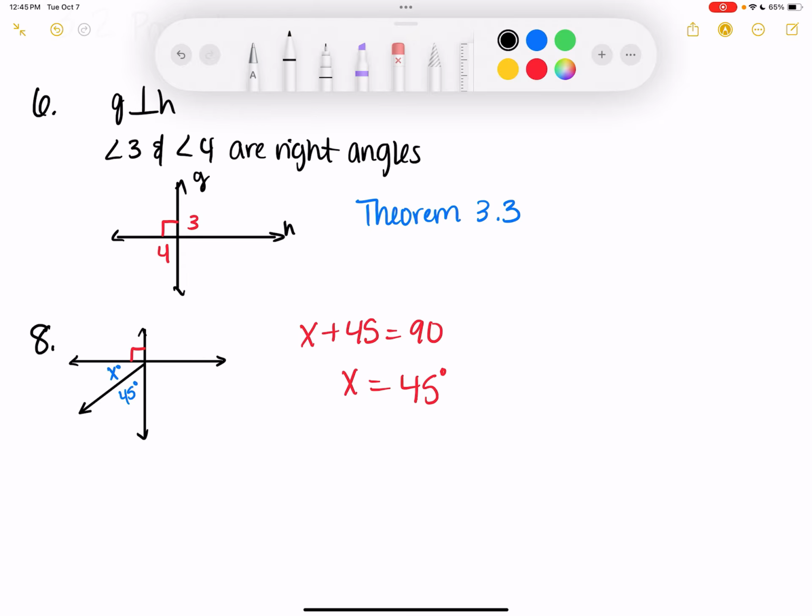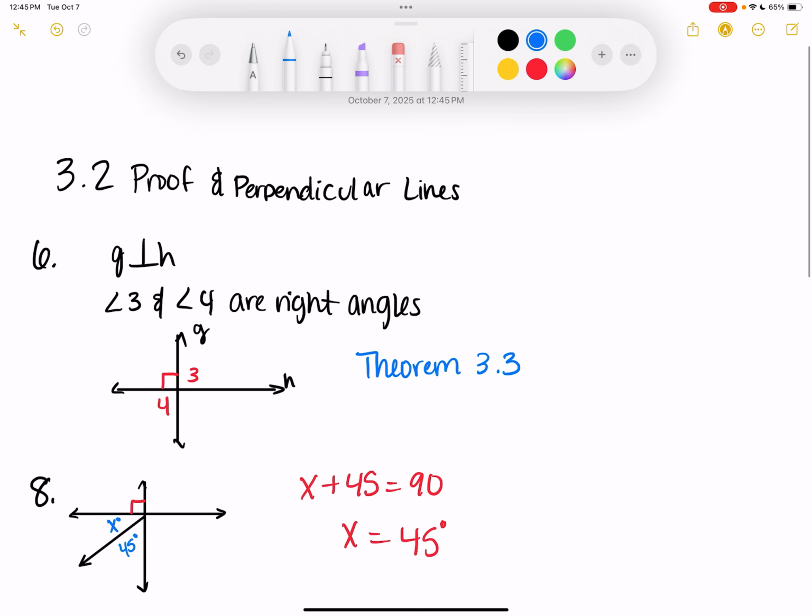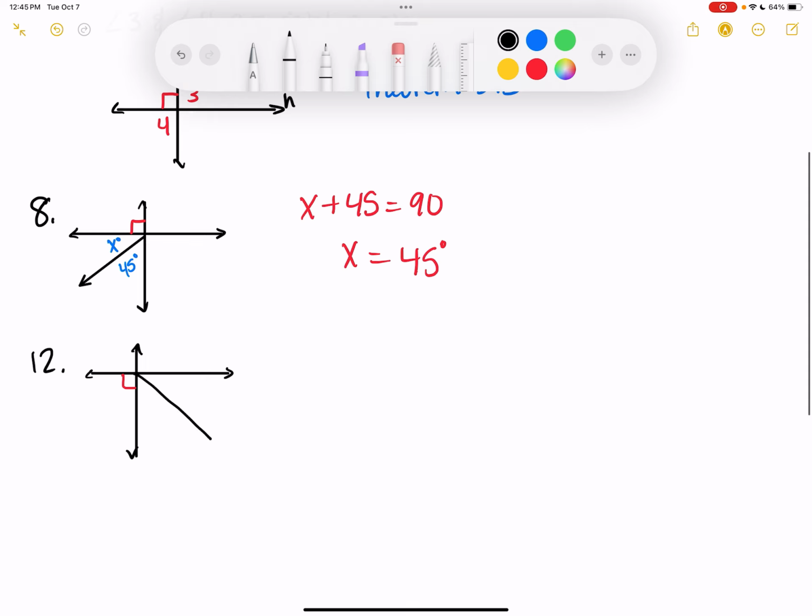12. Got another picture. All right, so how would we set up our equation for this one? x plus 60 equals 90 goes to the right angle somewhere.